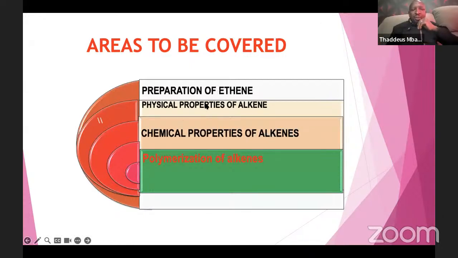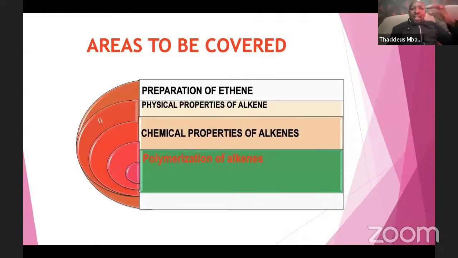We look at the physical properties of alkenes, chemical properties of alkenes, and maybe polymerization of alkenes. I want to believe, is there any class which has not covered alkenes? Is there any class that has not started, what is ethene?